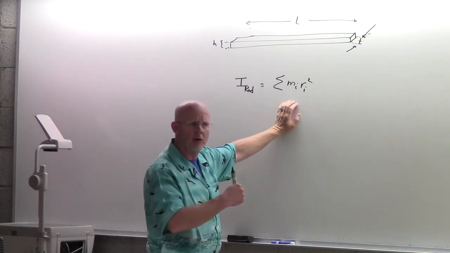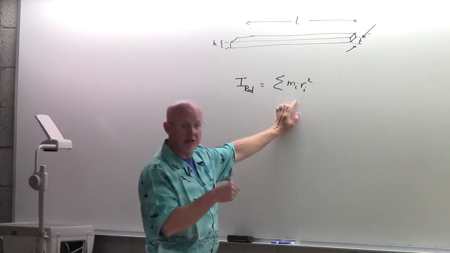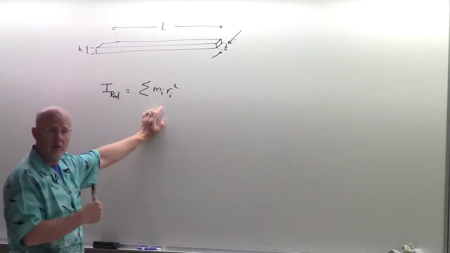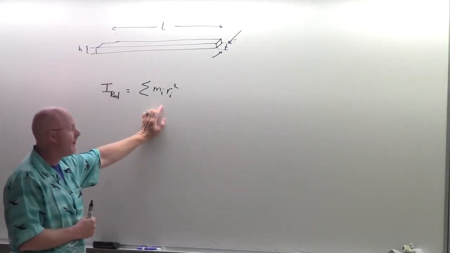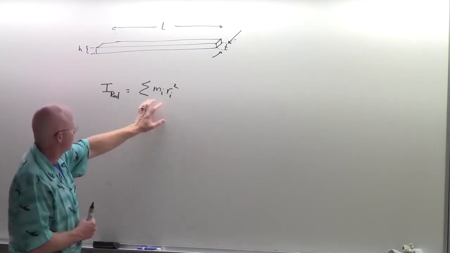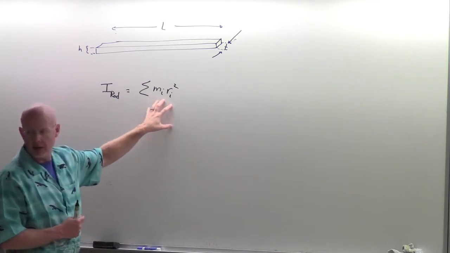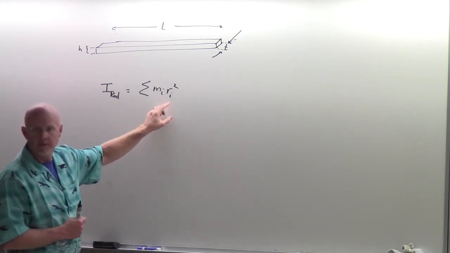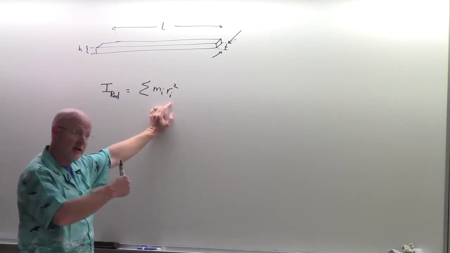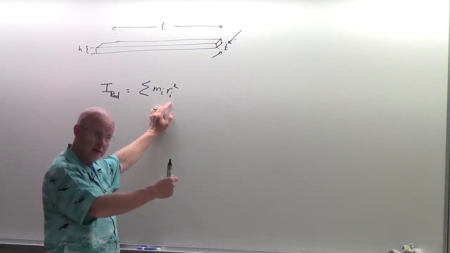From what to what? It's a distance, so it's got to measure 2 things, right? From what to what? What is this R? Center of mass. No. So this is adding up a bunch of chunks of mass, right? This R is from the rotational axis to that chunk of mass.